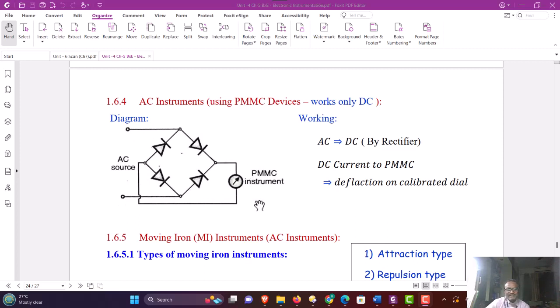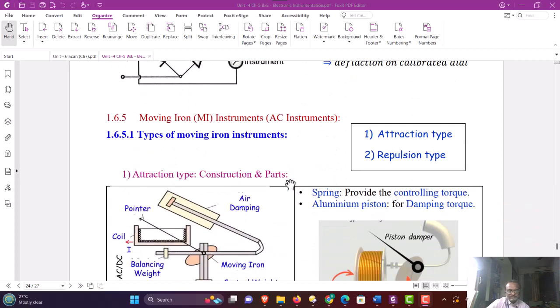And the rectified signal is then connected to PMMC instrument, which reads the DC output of the rectifier, which is proportional to the RMS value of the AC input. The dial of the PMMC instrument is directly calibrated in terms of the conversion factor, that is average DC value to RMS value factor.